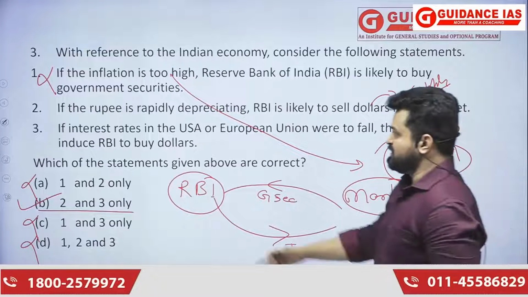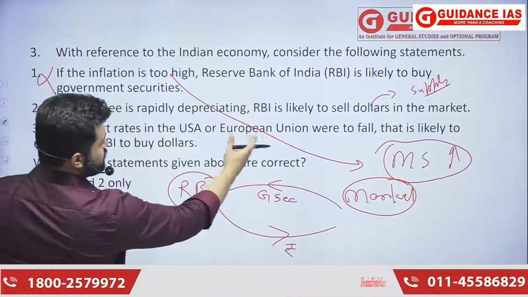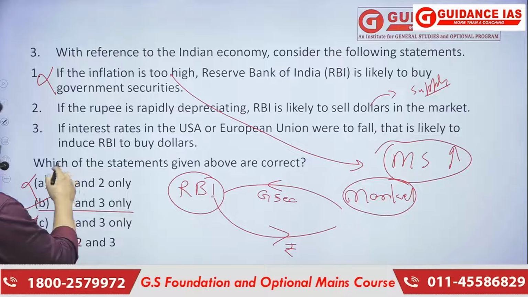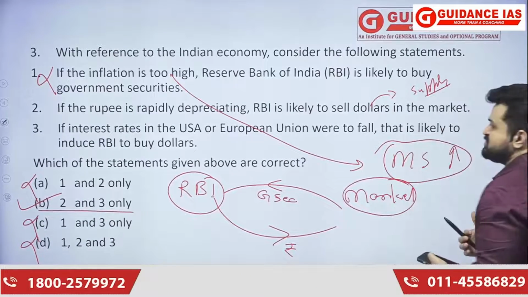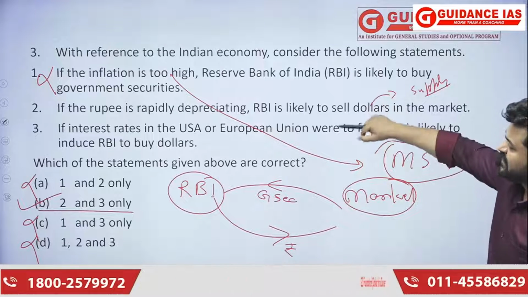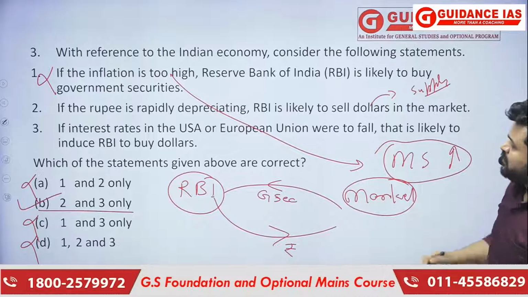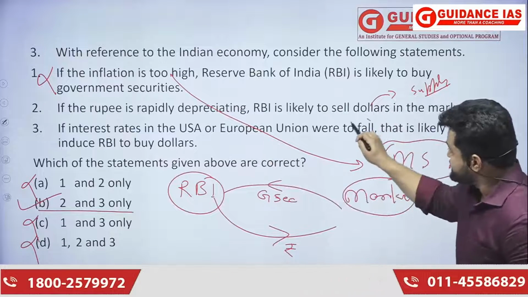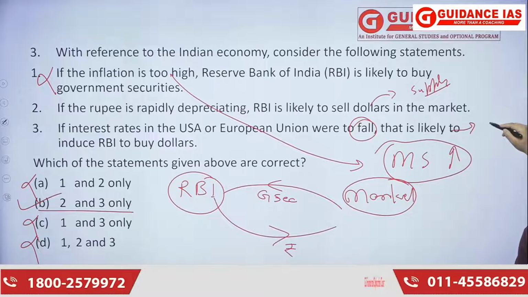Okay, now the next is, if interest rate in USA or European Union were to fall, that is likely to induce RBI to buy dollars. Okay, so that is likely to induce RBI to buy dollars, because in that case what will happen, if there is decrease in the interest rate, that is fall in the interest rate, then that will lead to what?